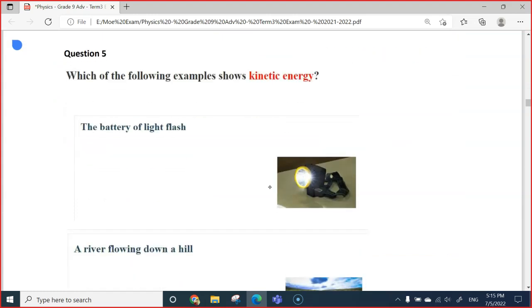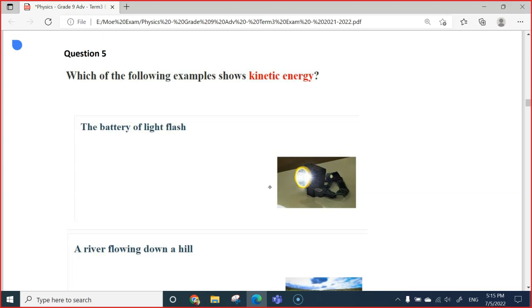Question number 5. Which of the following examples shows kinetic energy? Kinetic energy is the type of energy related to a moving object, or energy possessed by a moving object.